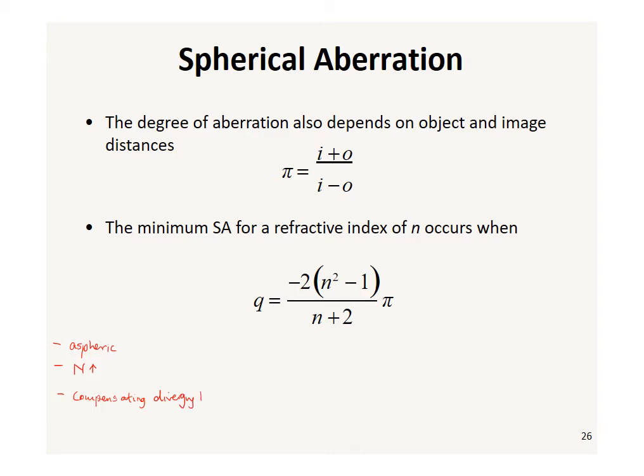And finally, we can do something called lens bending. In other words, change the shape of the lens without changing its focal point. For a certain image and object distance, there is a certain shape factor for that lens that will minimize spherical aberration. This thing here, this pi, is the position factor, and it depends on the image and object distance up here.